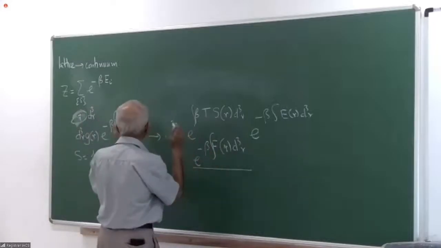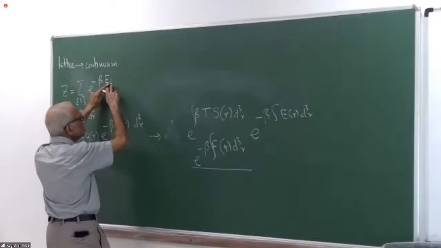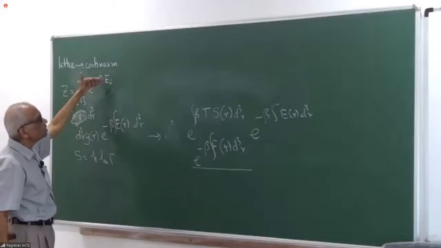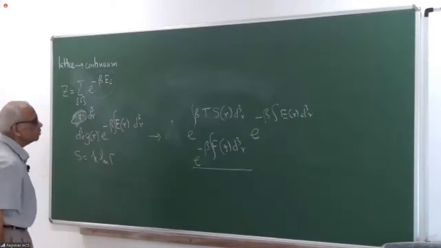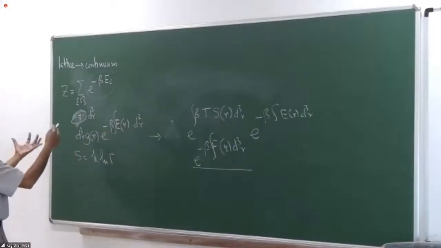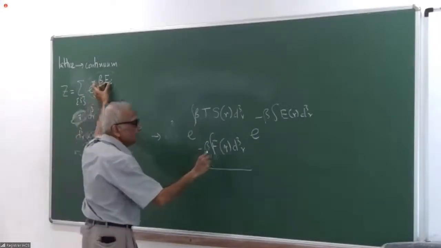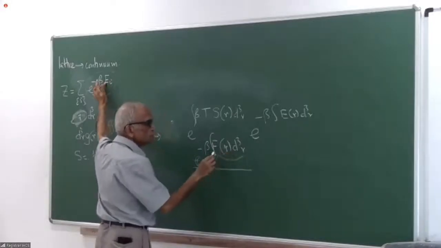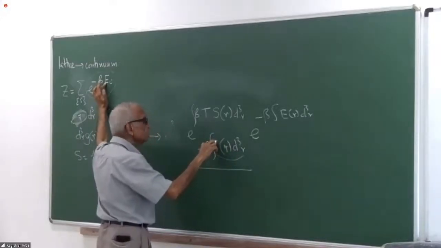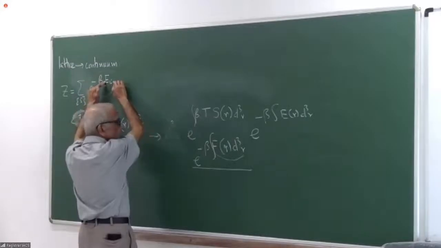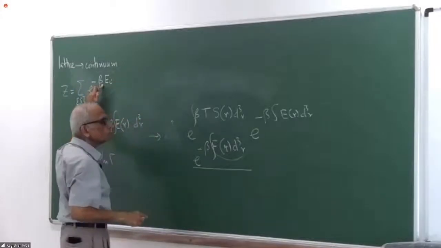So from here, a particular configuration means that I have to give you the energy of the ith configuration, which has gone to the continuum, replaced by this for a given function F of R.